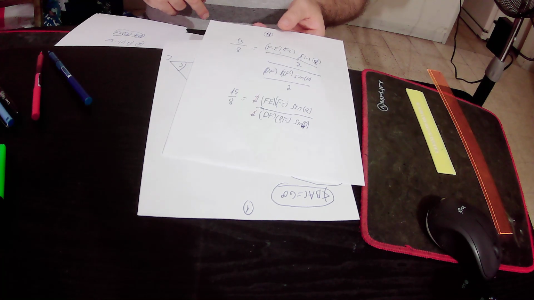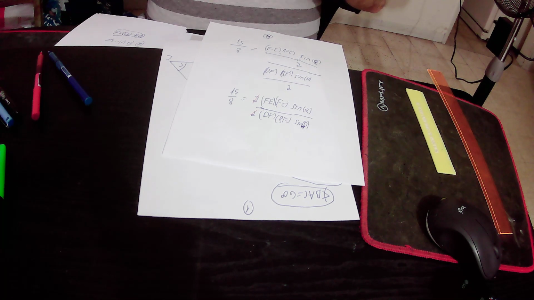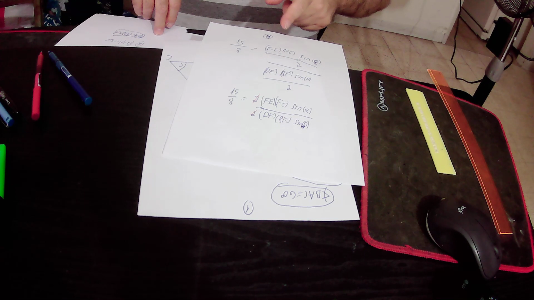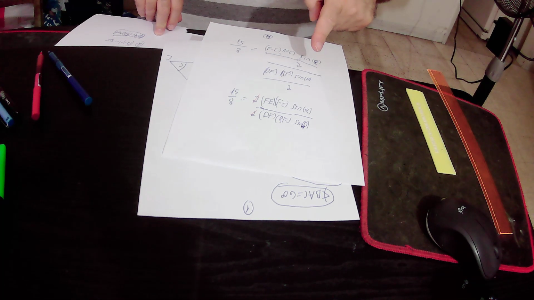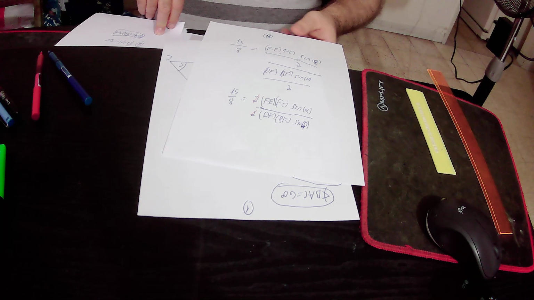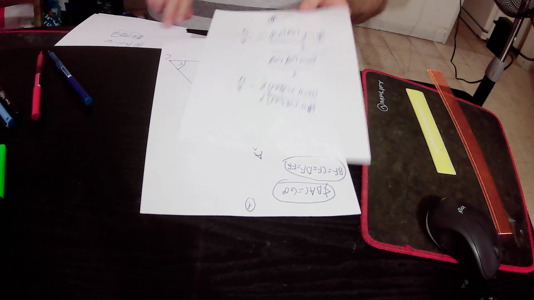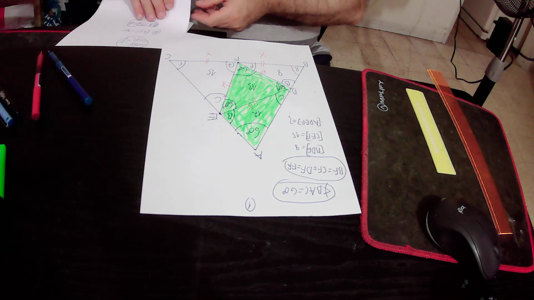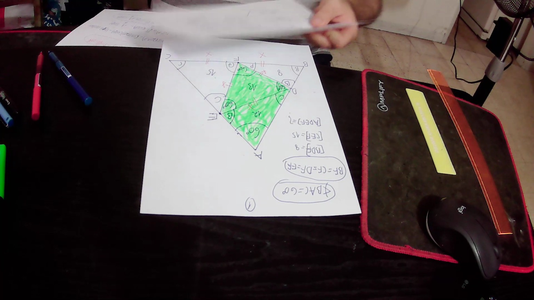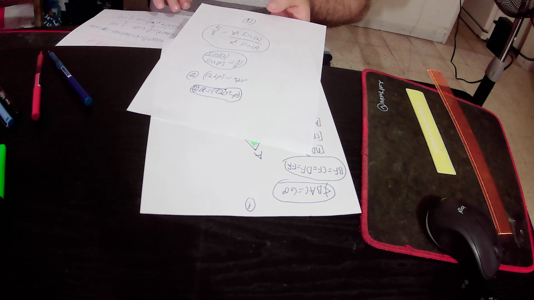So the area of the big triangle, according to the formula that I presented to you, equals FE times FC times sin Q over 2, and the area of the small triangle equals DF times FB times sin P over 2. So we solved this equality and we found out that sin Q over sin P equals 15 over 8.